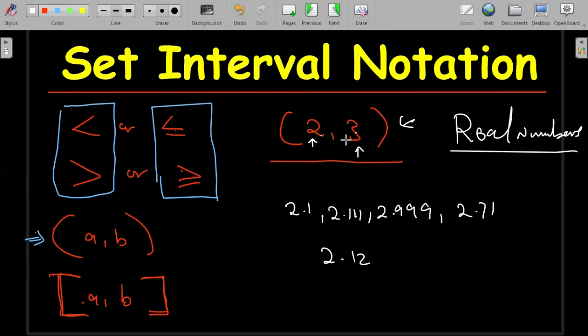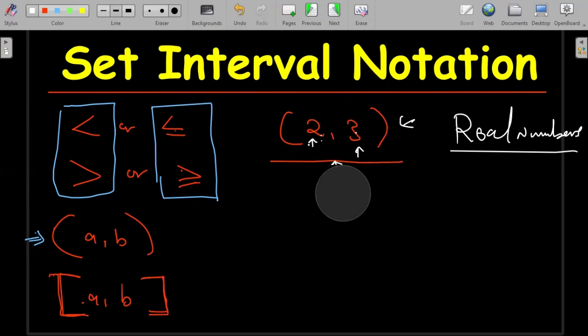So what notation do we use to simplify it in math? We just use the curved brackets like that. This simply means the 2 is not included, the 3 is not included, but any number between 2 and 3, like these ones that I was writing down here, will be a part of this set. From this bracket form, I can also express this using inequalities.